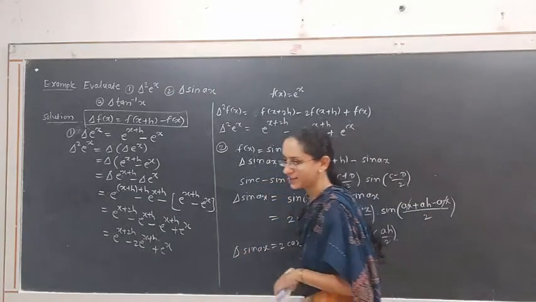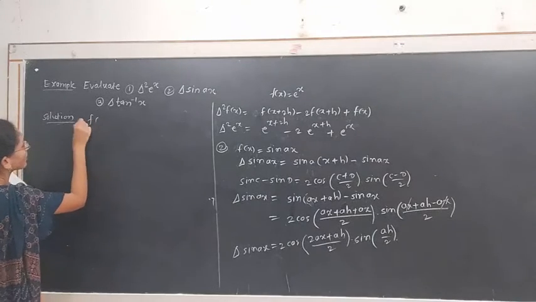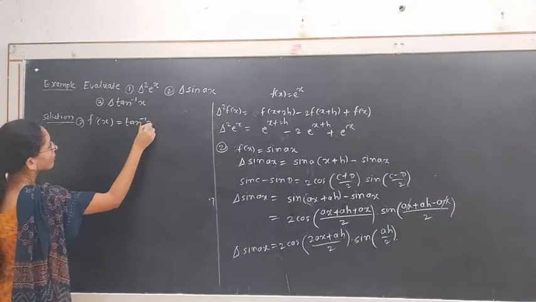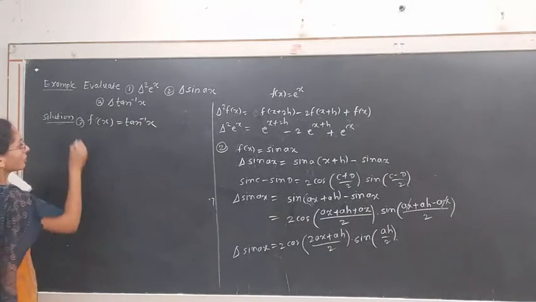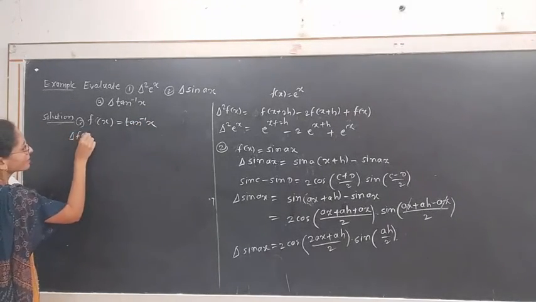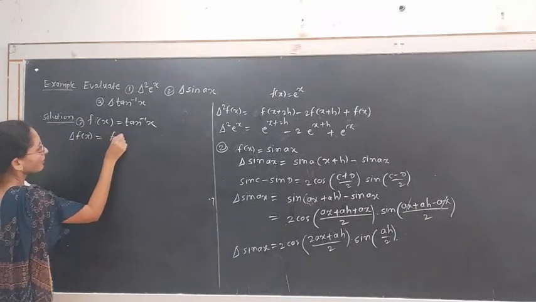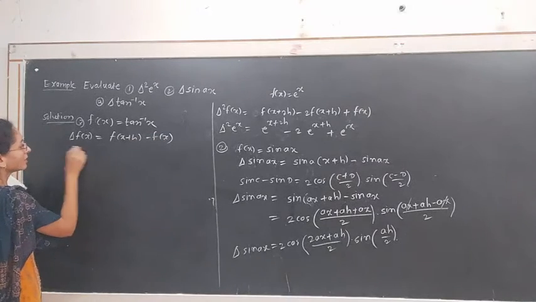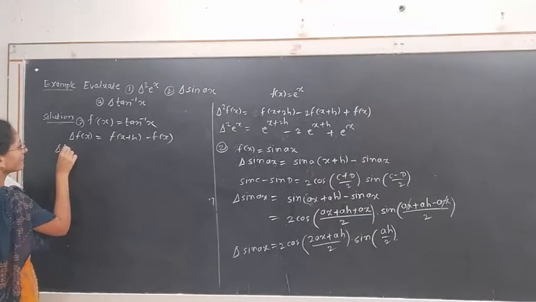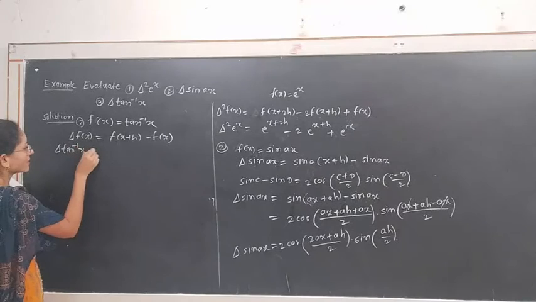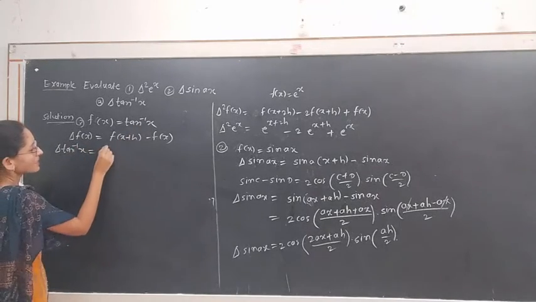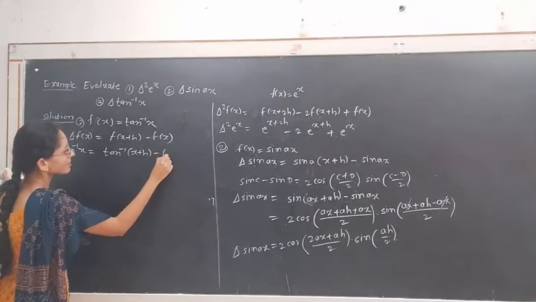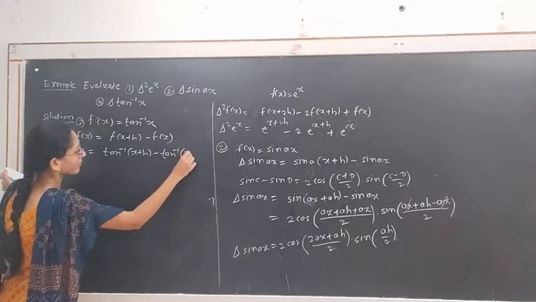Third part, the function f of x is tan inverse x. Find del f of x, which is equal to f of x plus h minus f of x. Hence, del tan inverse x is equal to, replace x by x plus h, tan inverse of x plus h minus tan inverse x.